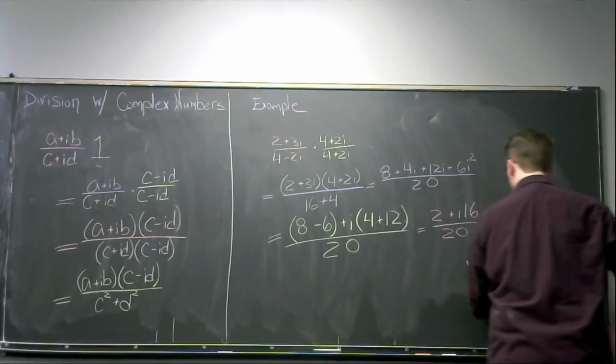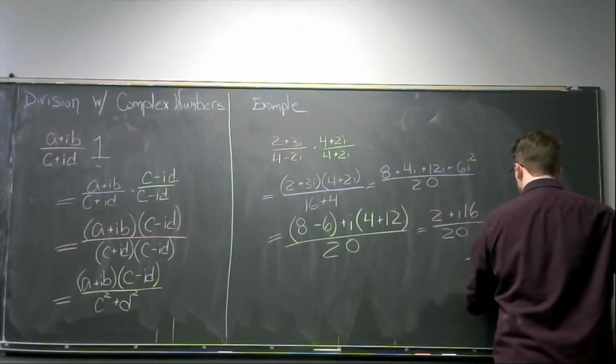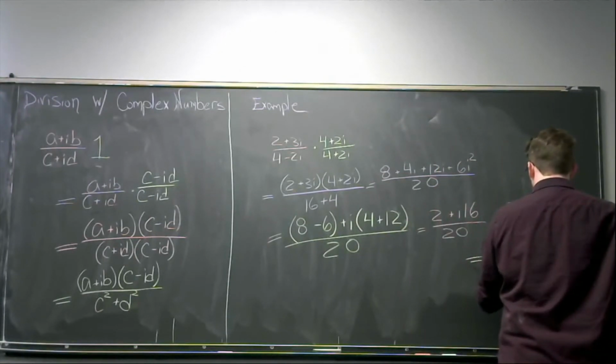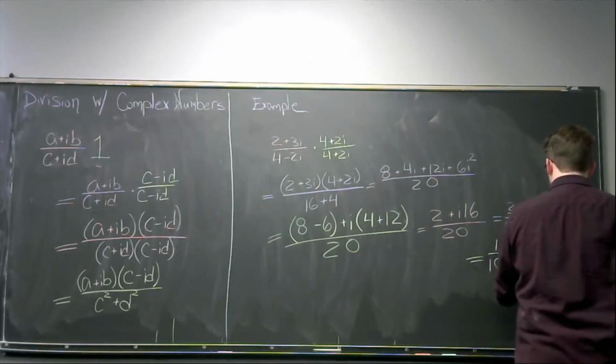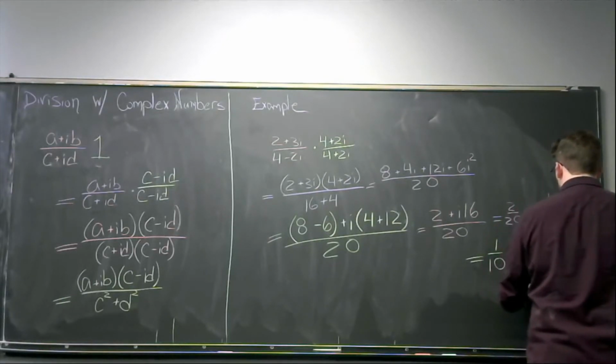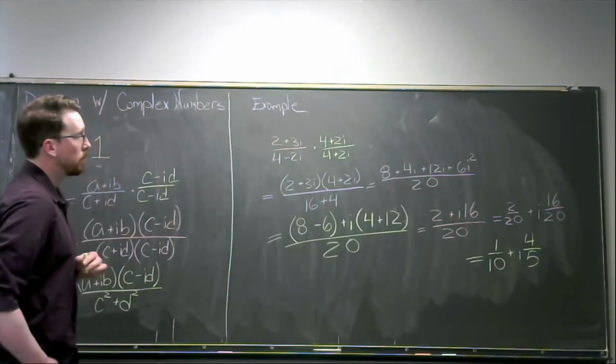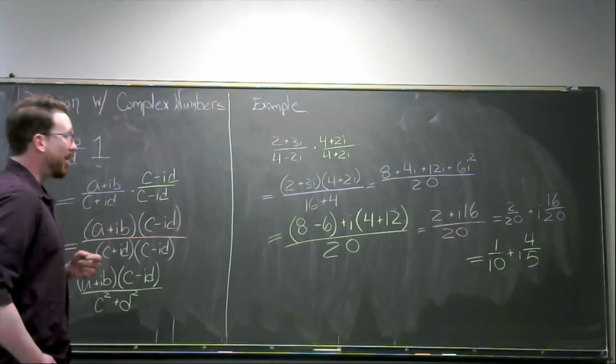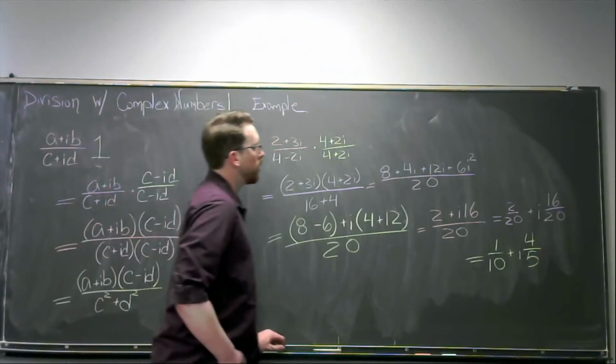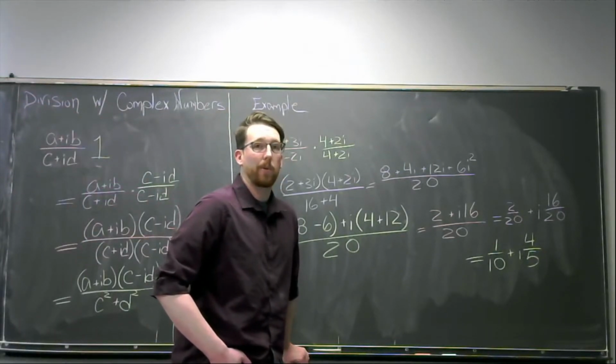Which is going to come out to be 1 over 10 plus i times 4 over 5. And that's it. That's all she wrote to that one.